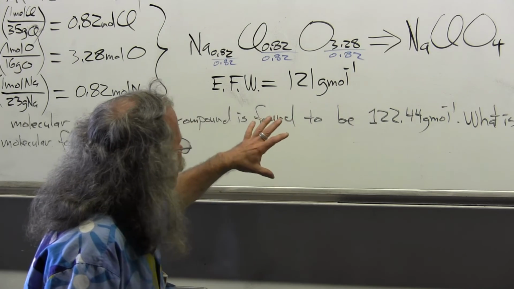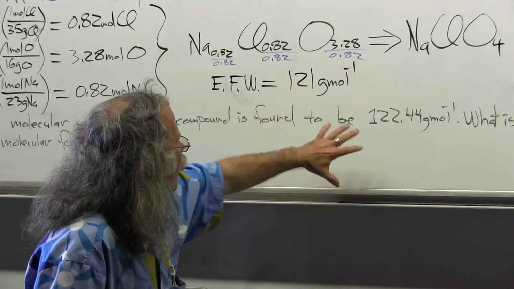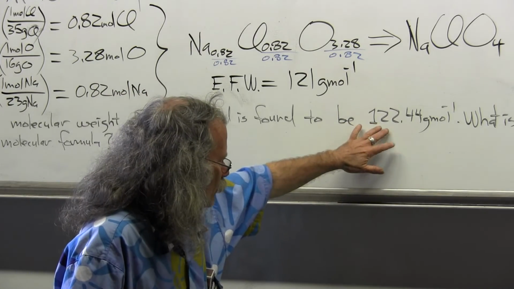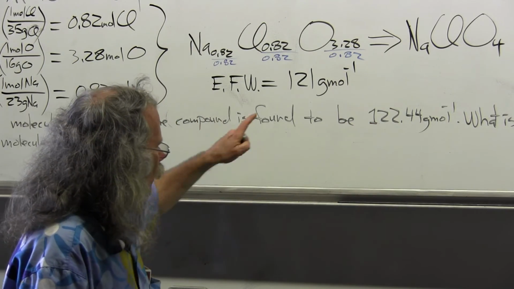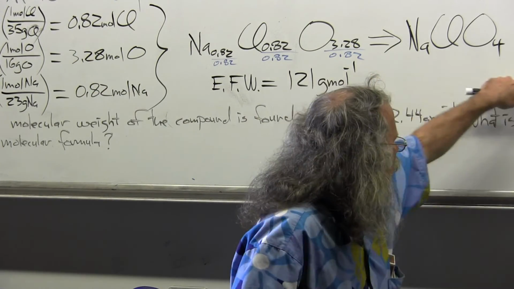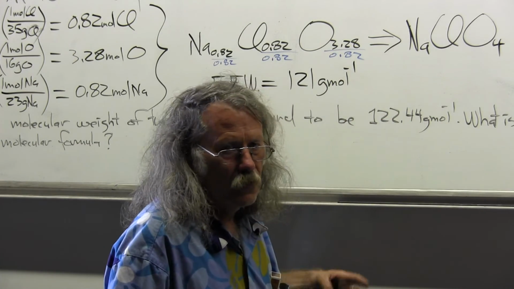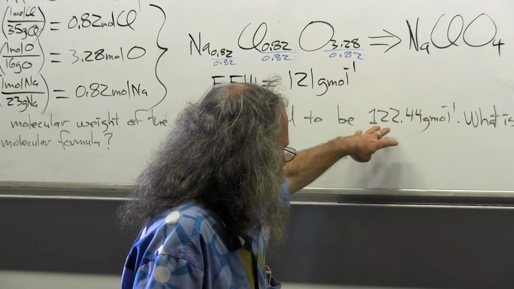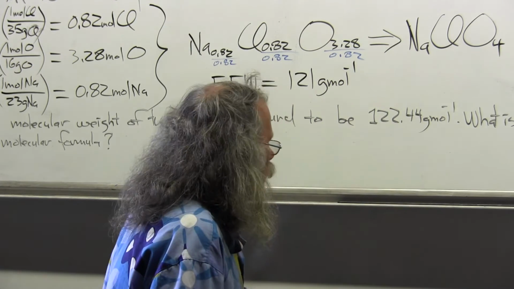You'll note that that is awfully close to the formula mass. What we want to do is find out what multiple of these is going to give us the molecular mass, the molar mass.